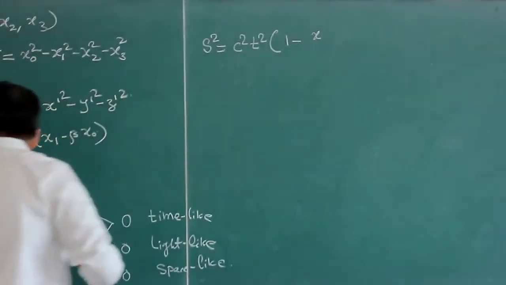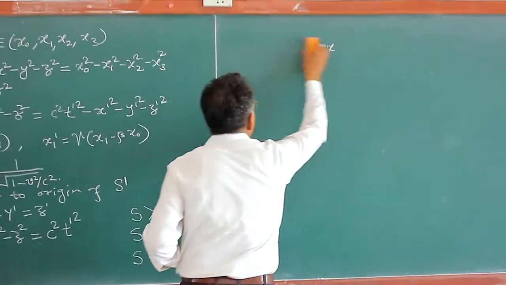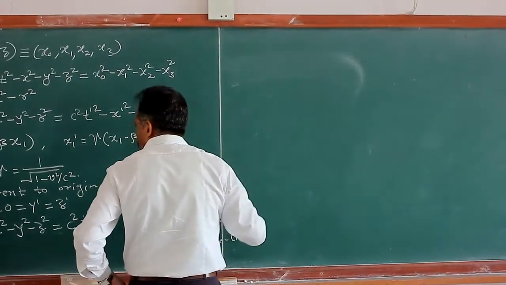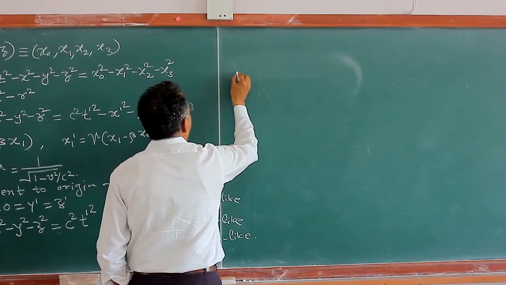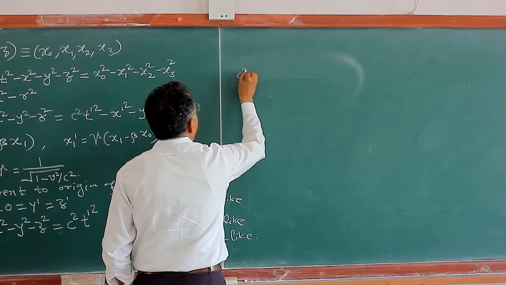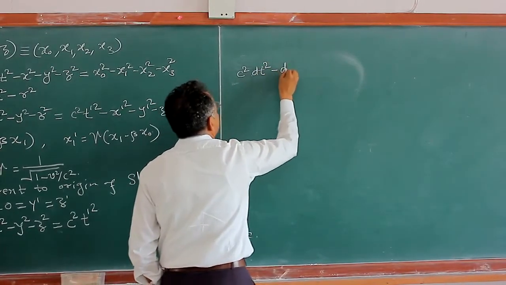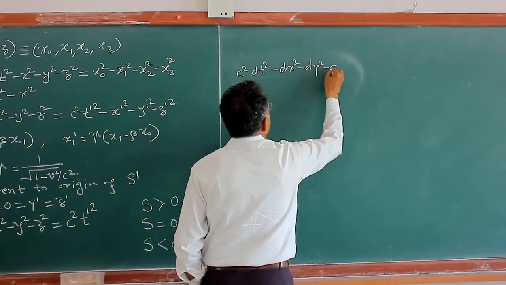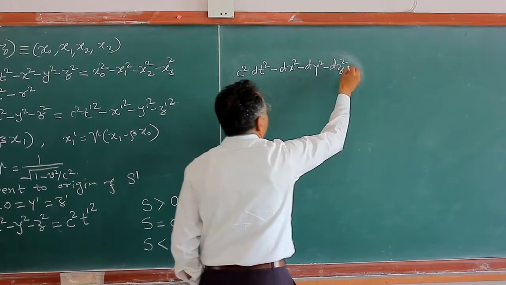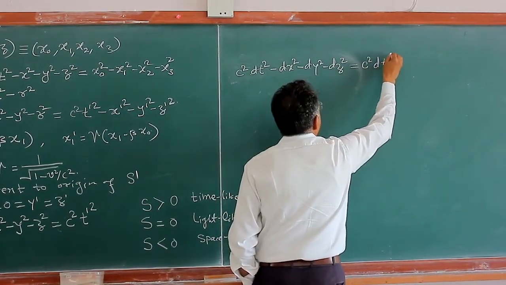Before that, I would like to make a differentiation for infinitesimal change, and for infinitesimal change we can have c square dt square minus dx square minus dy square minus dz square equal to c square dt dash square.